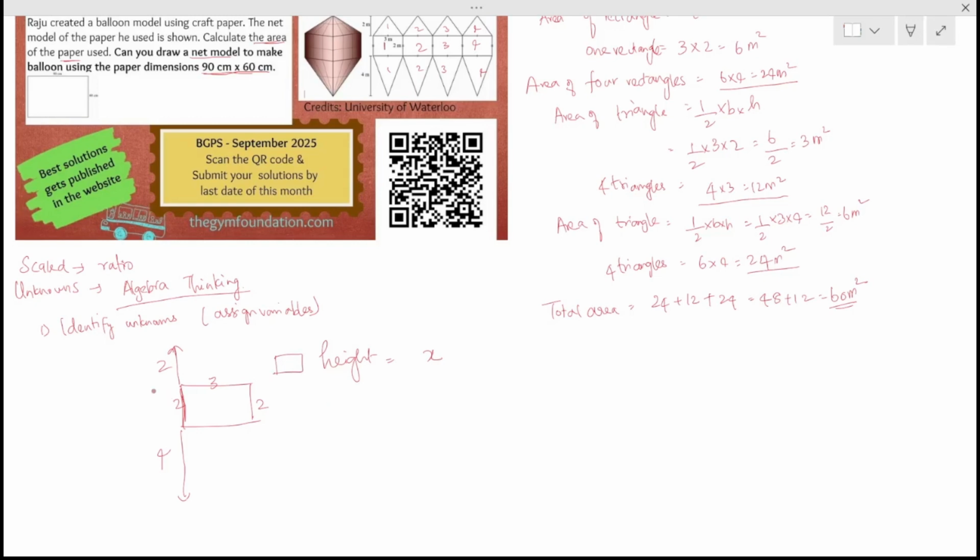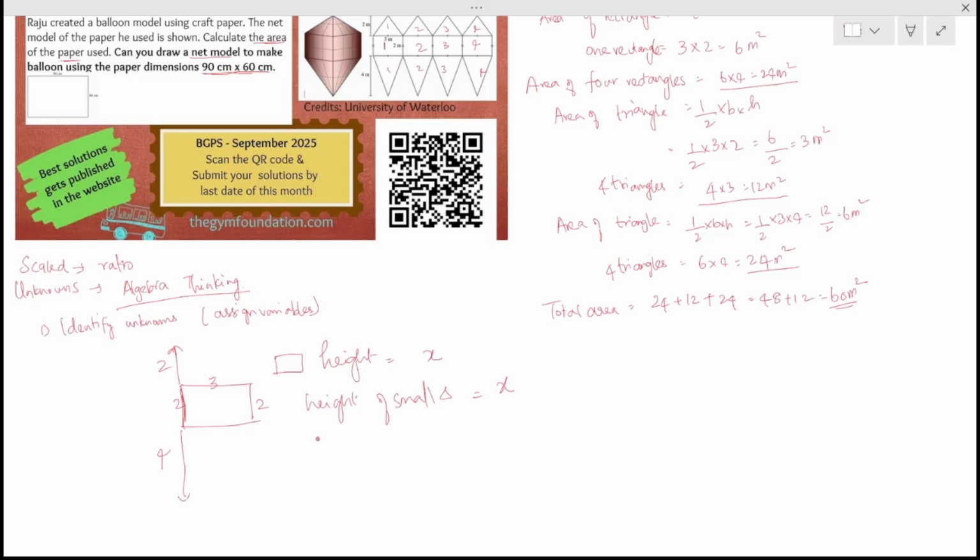And how can I relate other designs based on this dimension x? That is the main important part of algebraic thinking. So if the rectangle's height is x, what can be the height of the small triangle? It is also the same, right? 2 and 2. So the height of the small triangle is also x.